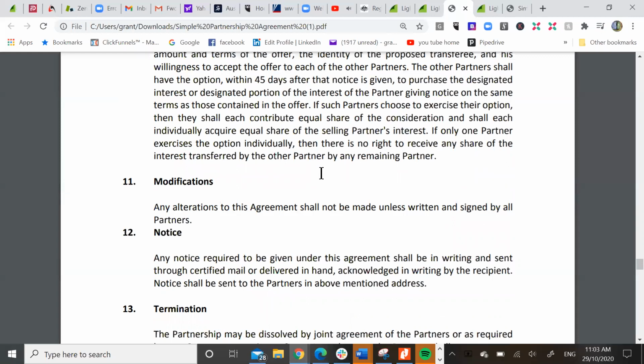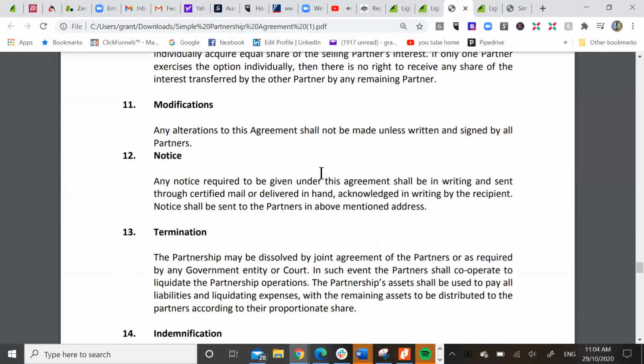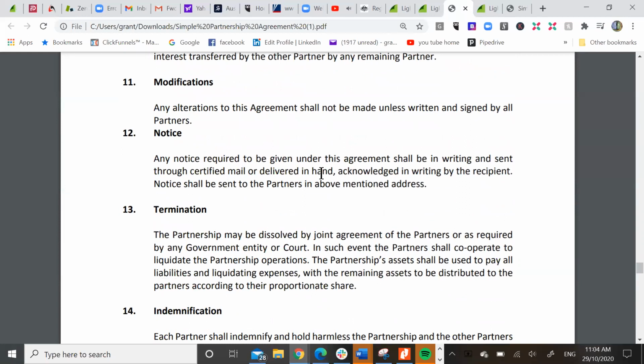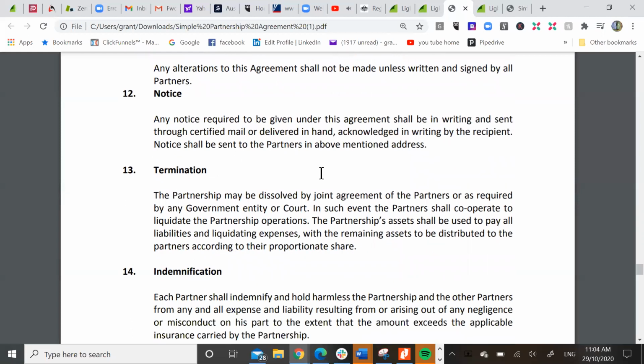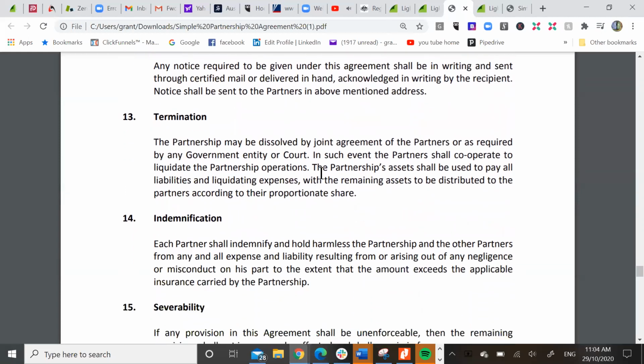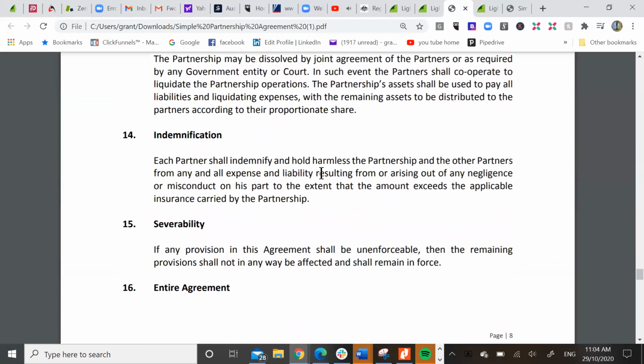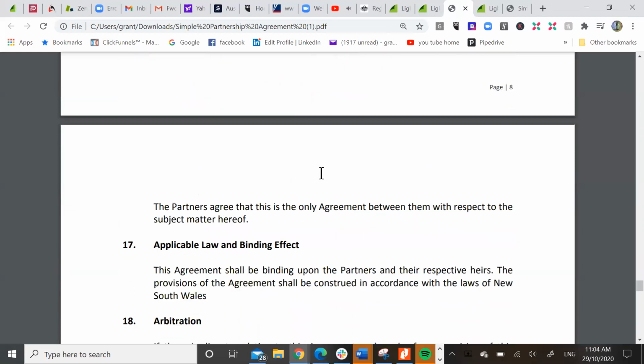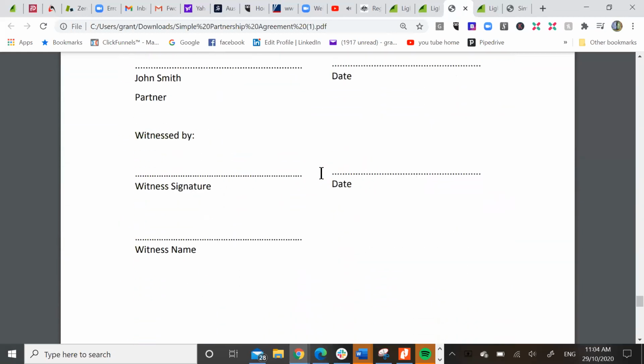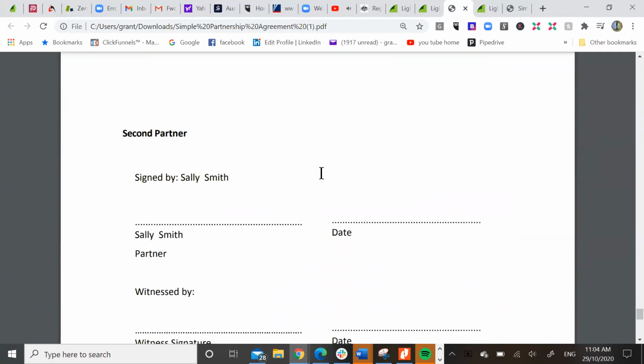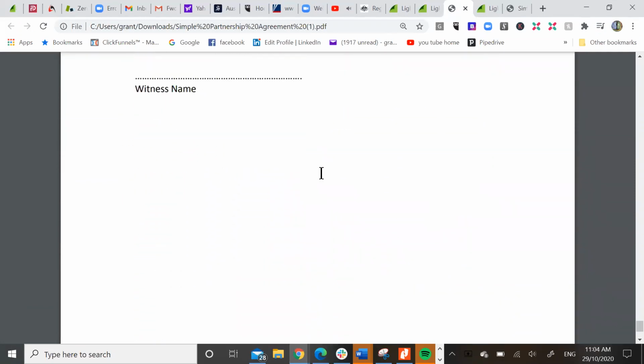And the other partner then has first dibs on getting that partnership interest, and that's even against the executor of the estate, if there's a death there. Termination between the two or the government entity or courts, indemnification, severability, entire agreement, so on and so forth. Then we sign it by John Smith, get a witness, and also Sally Smith. And that's effectively our partnership agreement.